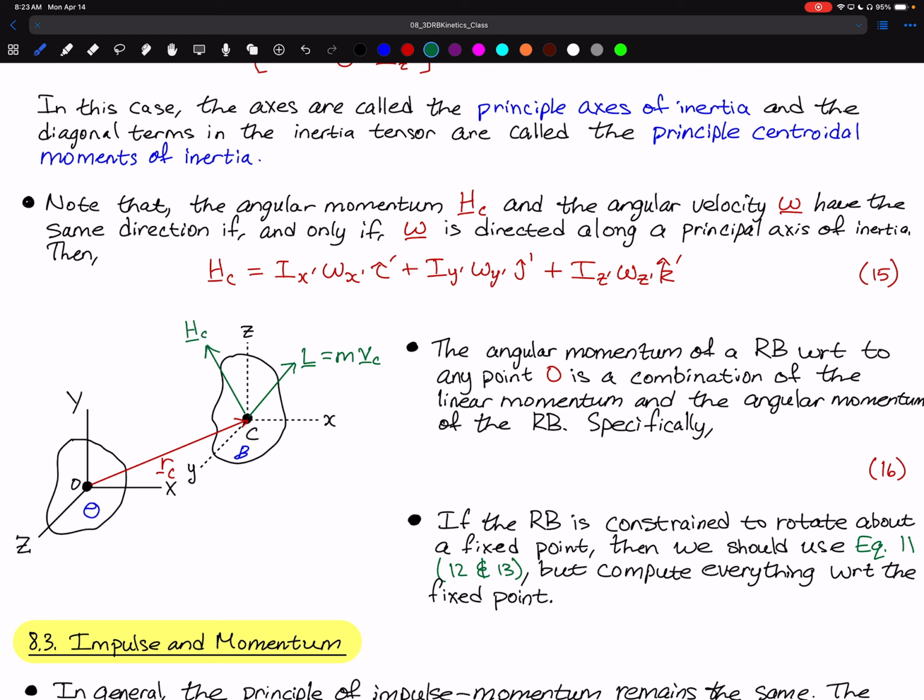And then our angular momentum about the point O is going to be h sub O is equal to R sub C crossed with the linear momentum, or the mass times the velocity of the center of mass, plus the angular momentum about the center of mass.